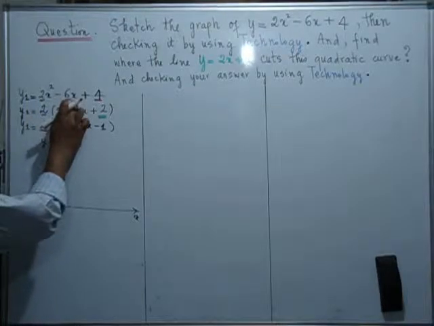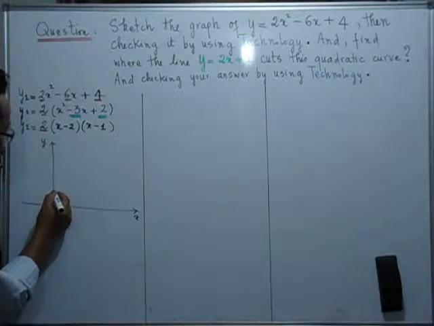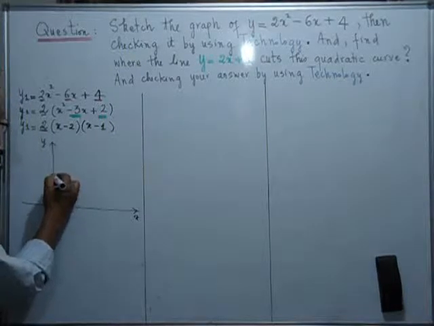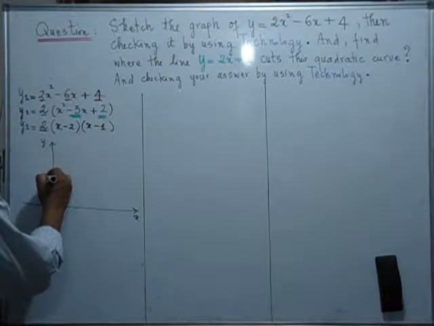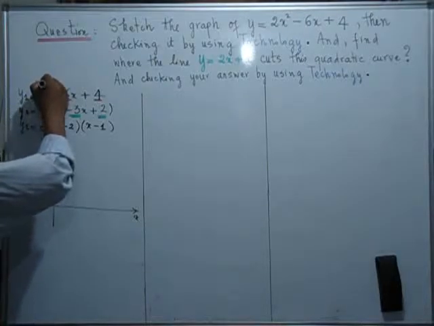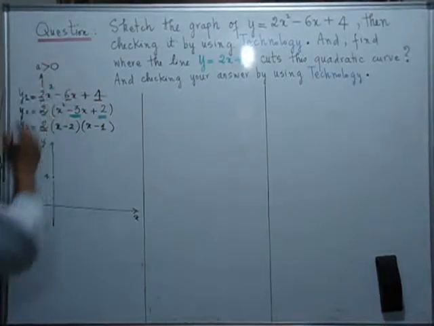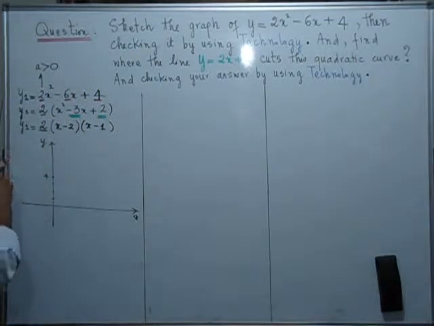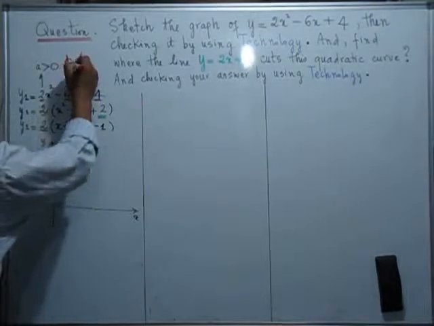When x equals 0, the y-intercept equals 4: 1, 2, 3, 4. The y-intercept is right here. And because the coefficient a is greater than 0, we know the graph opens upward. Correct?